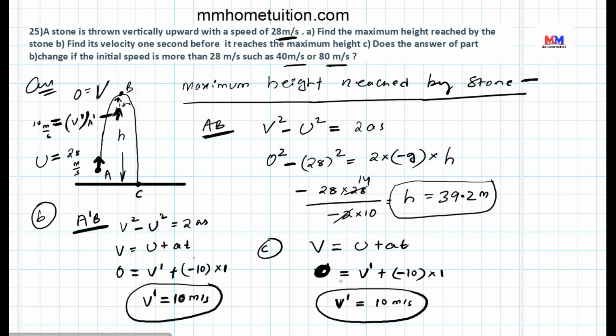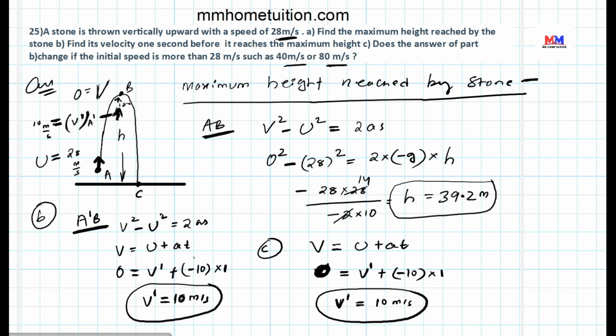So we have to say that V dash depends upon acceleration and time. As V dash depends upon acceleration and time, it is 10 meters per second. So whatever the value of the initial speed, let it be 40, let it be 80, the speed V dash remains the same.